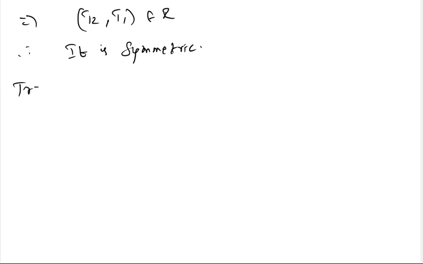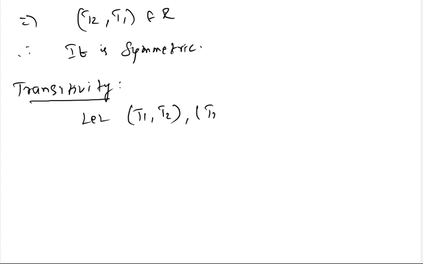And to prove transitivity, let us take two ordered pairs (T1, T2) and (T2, T3) belonging to R. This implies T1 is similar to T2 and T2 is similar to T3.